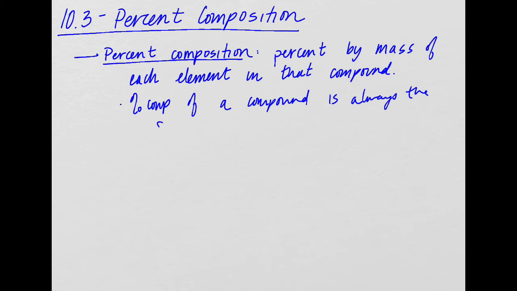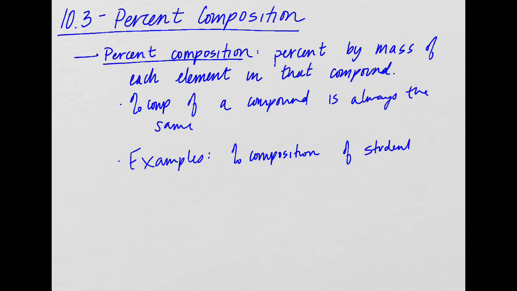So let's look at some examples that will make this a lot clearer. So we're going to do a non-chemistry example to start. We're going to look at the percent composition of students in our class.